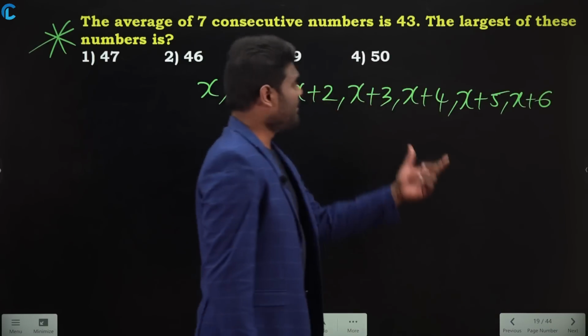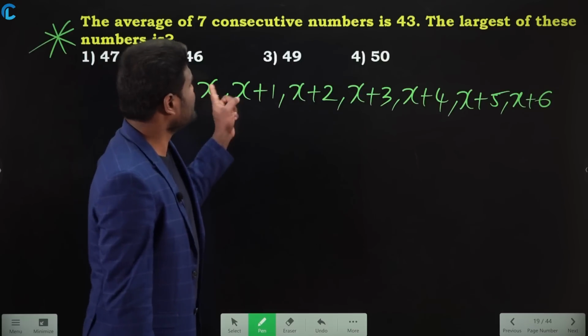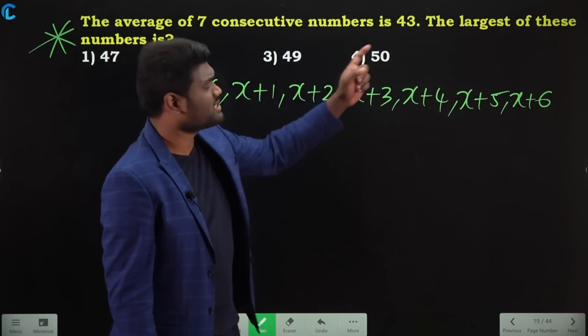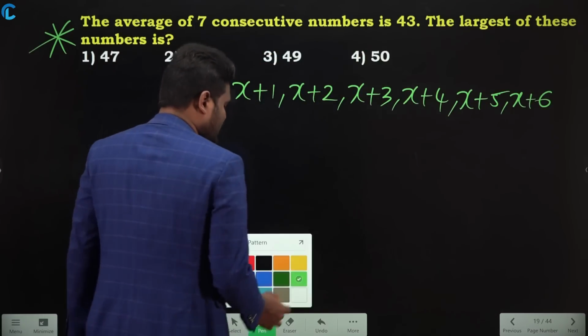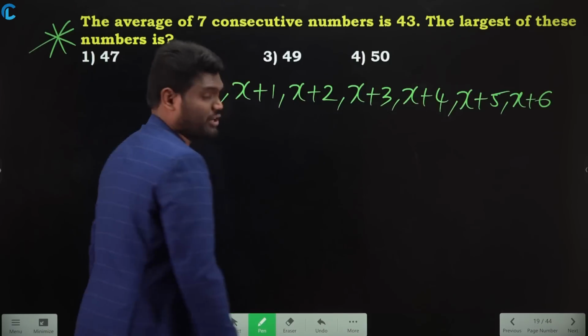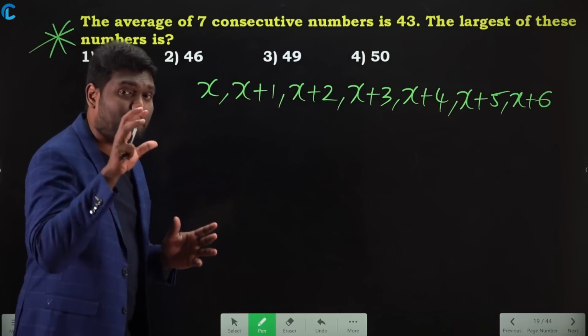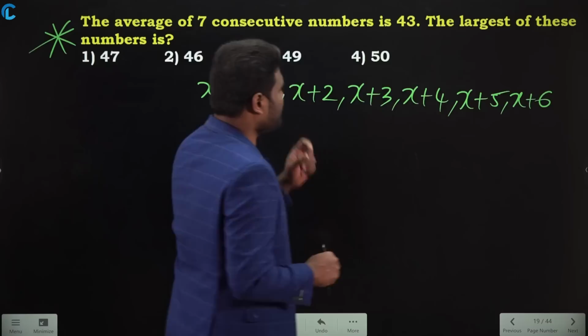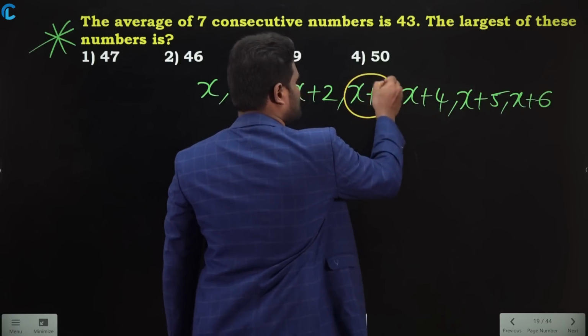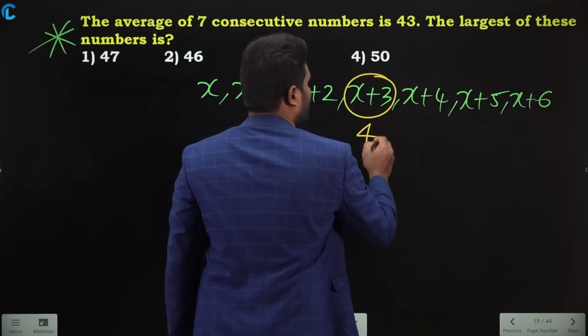These are my 7 consecutive numbers. The question says the average is 43. As we know, if the given series is in arithmetic progression, the average is nothing but the middle number. So for these 7 numbers, the middle number is x plus 3. Now this number is 43.